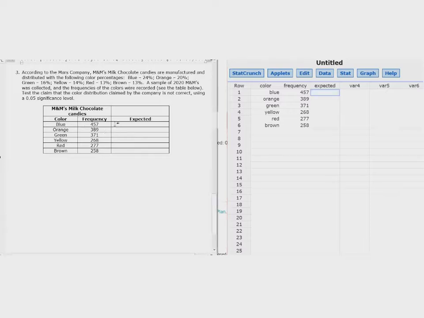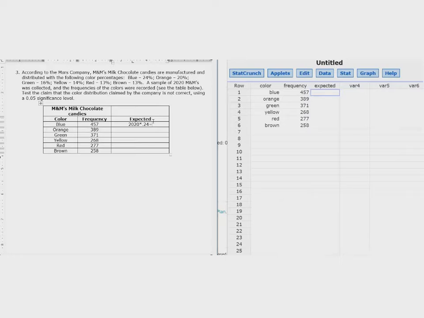Okay, so for this one, we're going to take our total sample size, which is 2020, and multiply it times each one of our different proportions that was claimed. So for the blue, the claimed percentage was 24%, so we're going to take our 2020 times 0.24. We're just converting that to a decimal.